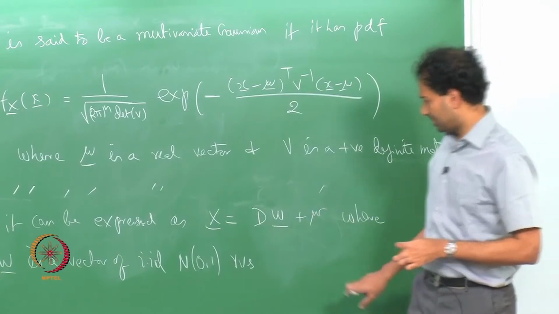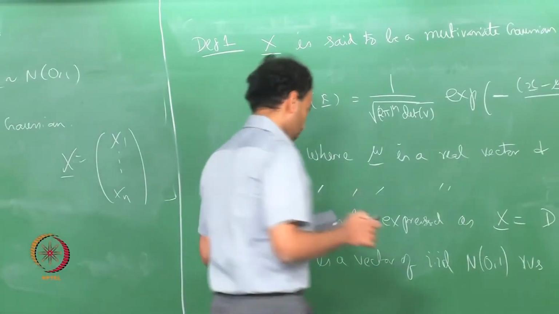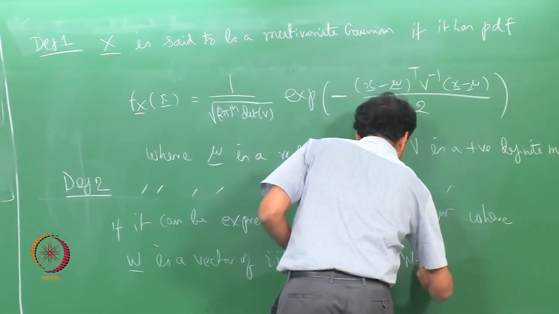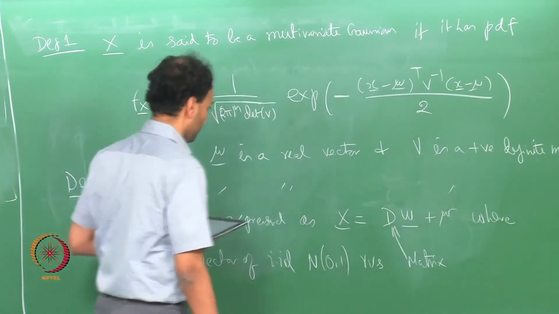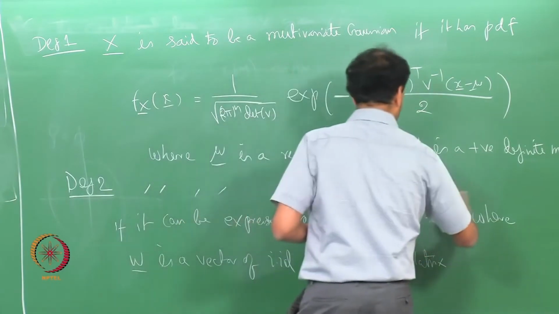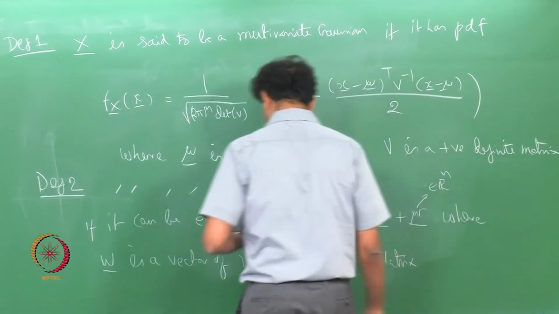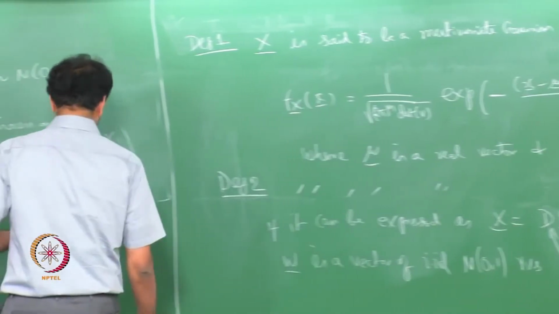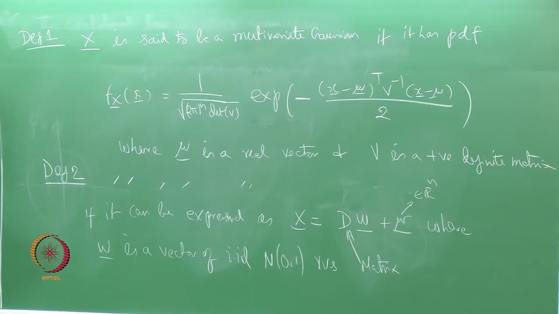D is some matrix, and mu is a real vector, mu in R^n.